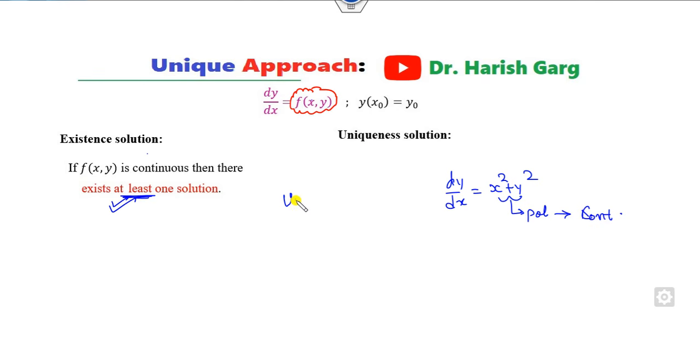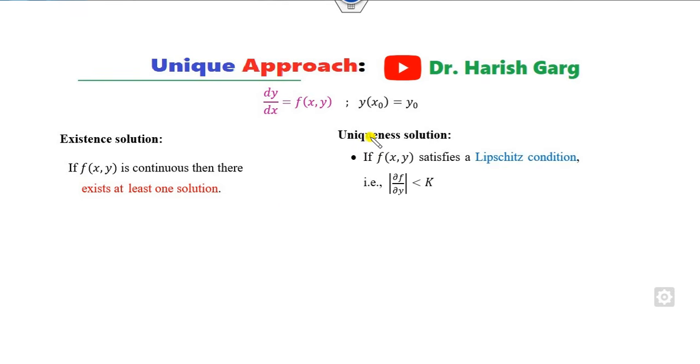Now the question arises: if one solution exists, then when will it be the unique solution and when will it be infinitely many solutions? That will be my second condition. If you prove that this function f satisfies the Lipschitz condition, what is the meaning of that? The partial derivative of this function f with respect to y is bounded.